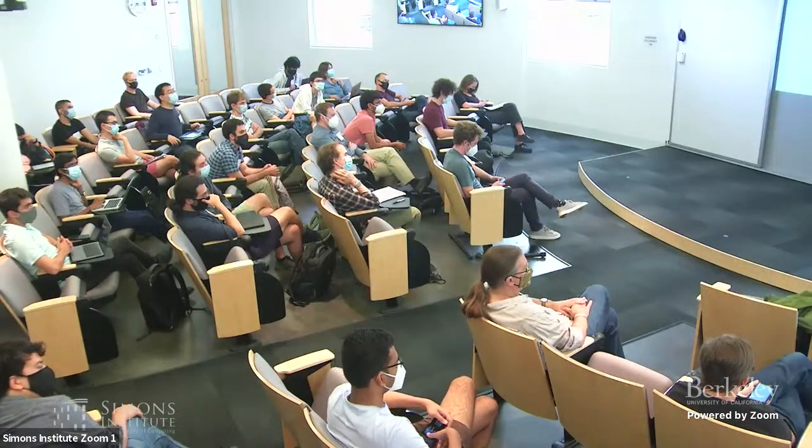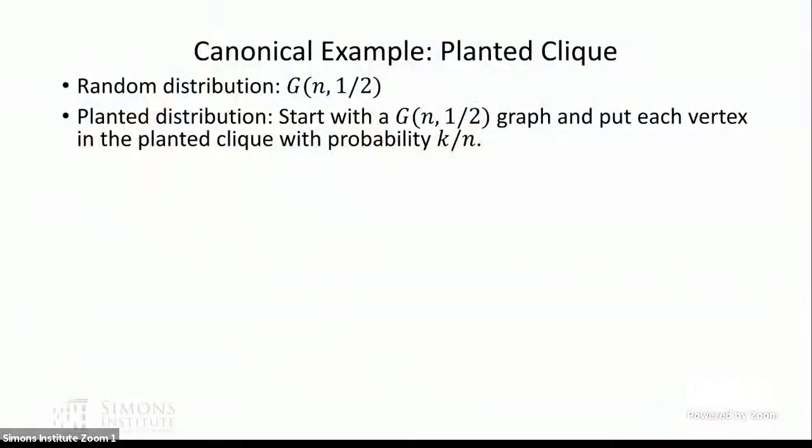Okay, so a canonical example is planted clique, where if we take again the random distribution where we have a random graph, and now we'll look at a slightly different planted distribution for simplicity, where we start with a random graph and put each vertex in the planted clique with probability k over n.